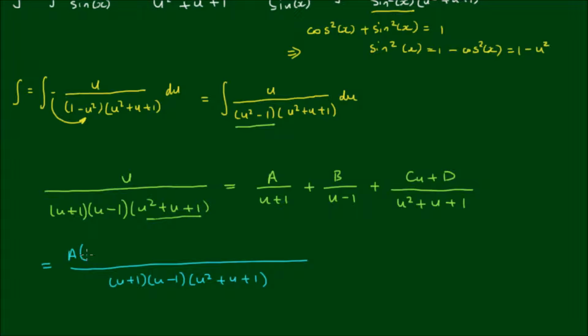So I get a by u minus 1 by u squared plus u plus 1. The constant b does not have the factors of u plus 1 or u squared plus u plus 1, so I'll multiply these. So it's b multiplied by u plus 1 by u squared plus u plus 1.